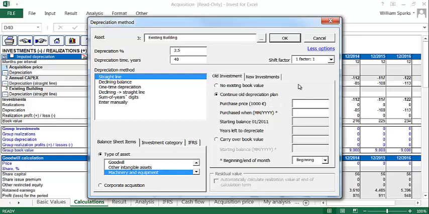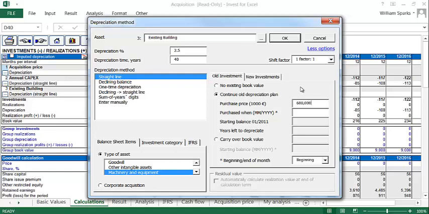Continue old depreciation plan, and then let's say that this will be difficult, by the way. No, let's make it easy. It doesn't matter.